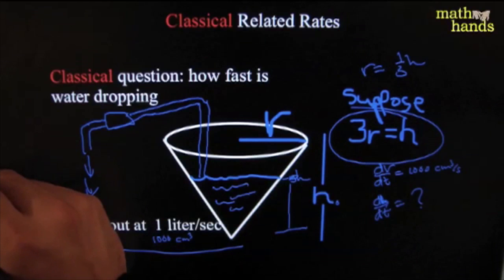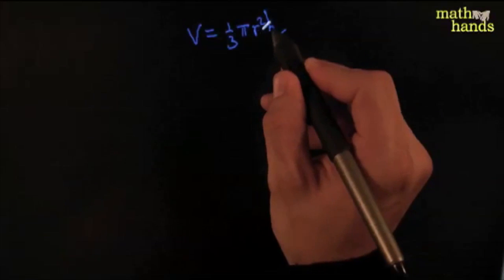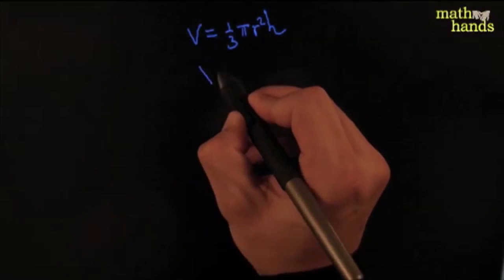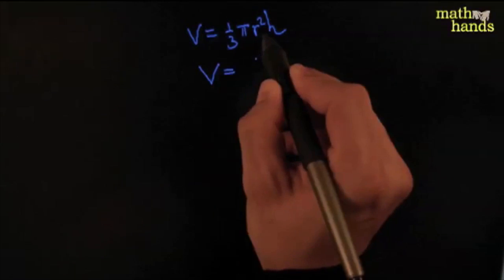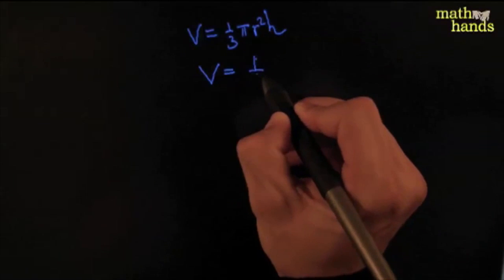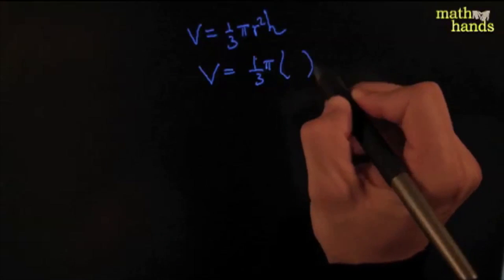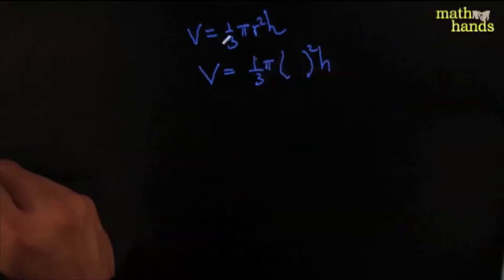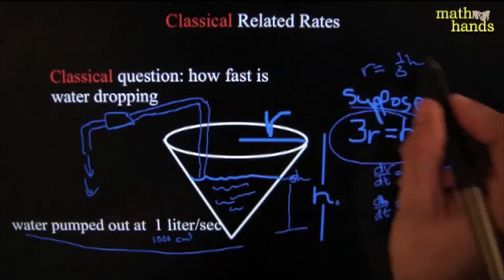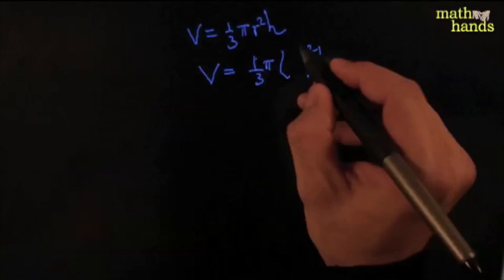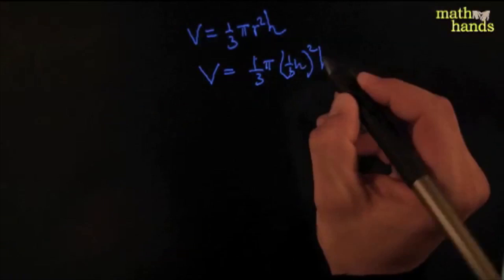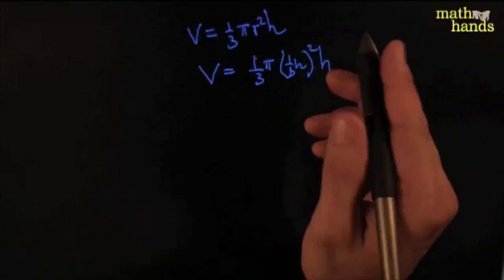That might be useful to plug in so that you only have one variable. Unless you like a lot of variables, you'd have to do product rule here, and it could get really interesting, which may not be a bad idea. But for the r, as a matter of fact, I could substitute a third h. That's just a convenience step because it cleans up my equation.